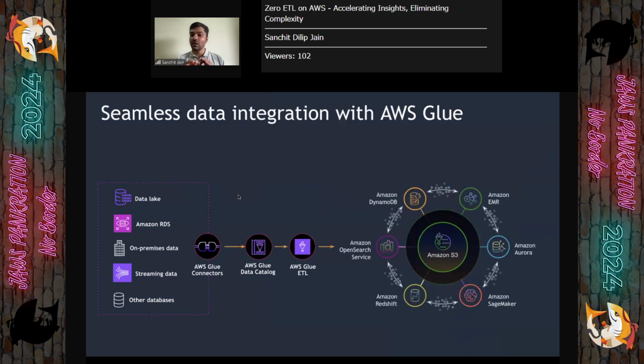The second is the value-added transformation you can do with Glue. Glue is a serverless ETL, which helps simplify the entire processing from scalability, cost, and performance perspectives. But the best part, which Glue has evolved over so many years, is the integration it brings out of the box to all the different services. Whether you're working with SageMaker for machine learning, Bedrock for Gen AI, OpenSearch for searching, or Redshift for the warehouse, Glue is part and parcel of any of your solutions and architecture.